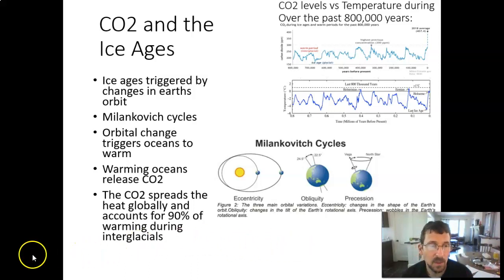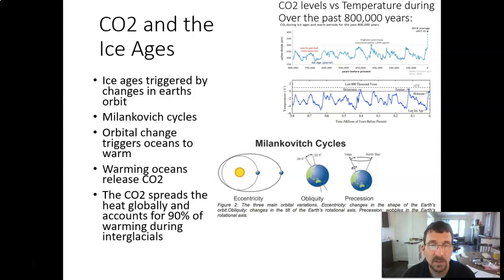I've got those graphs up at the top right that we saw before, with carbon dioxide at the top and temperature at the bottom. And all of this is to show not only the correlation between carbon dioxide and temperature, but to explain why and how these things are connected.